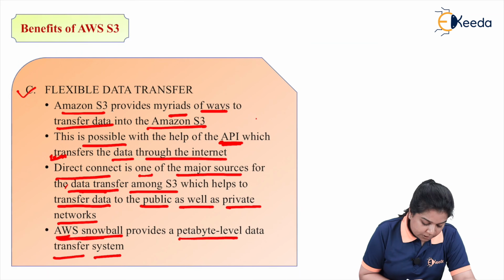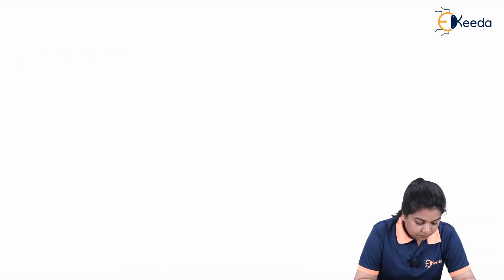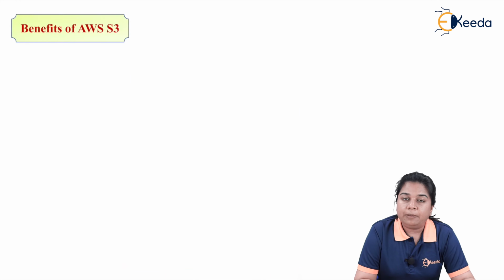Also AWS Snowball provides petabyte-level data transfer from one place to another. So there are certain methods which you can use in Amazon S3 itself, and you can transfer your data flexibly. Why flexibly? Because you have several options to do that and are not restricted to just one way to transfer your data. So this is another benefit of Amazon S3.